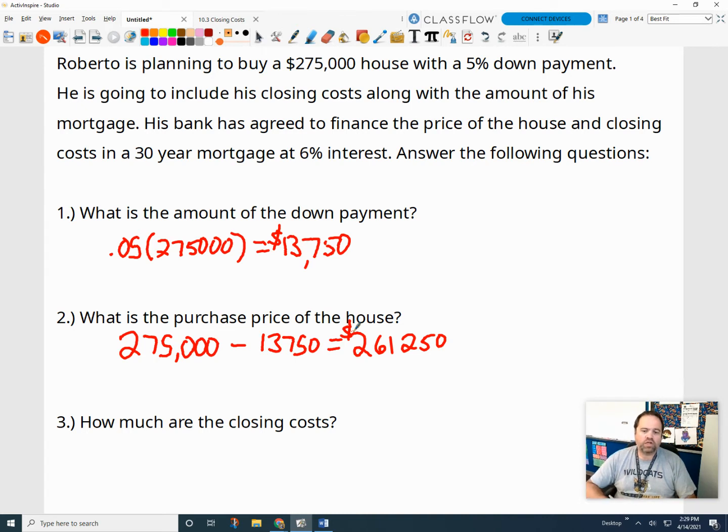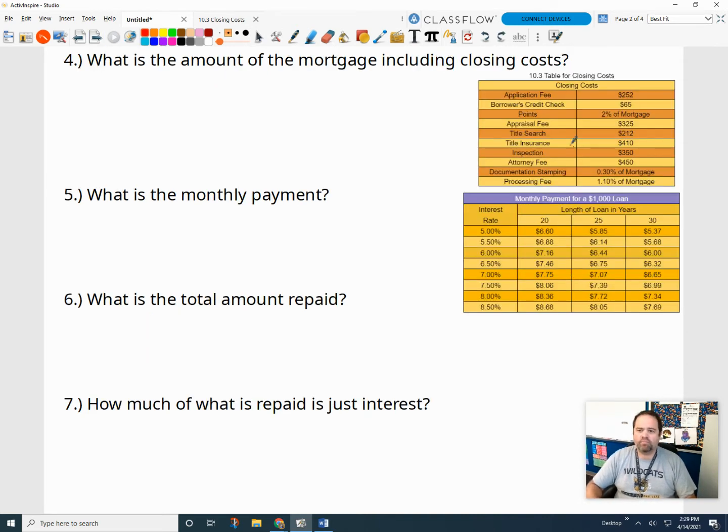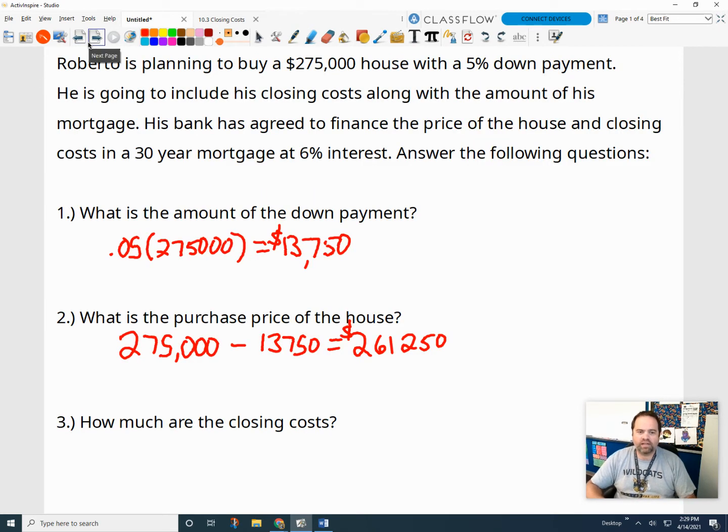Now, the closing costs. We have this table of closing costs that you can use, but you don't necessarily need it. These are the ones where we lump together all of the dollar amount charges, which total $2,064. And then there was a percentage, that 3.4% of the mortgage.